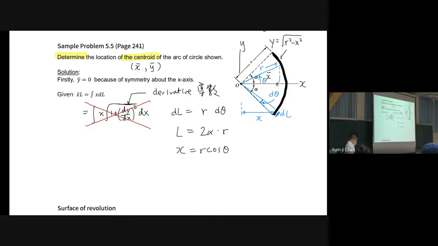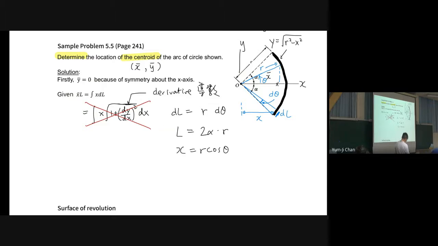Now, after we get these three things, we look at the equation again, the equation on the top left hand corner. x bar is unknown, of course.